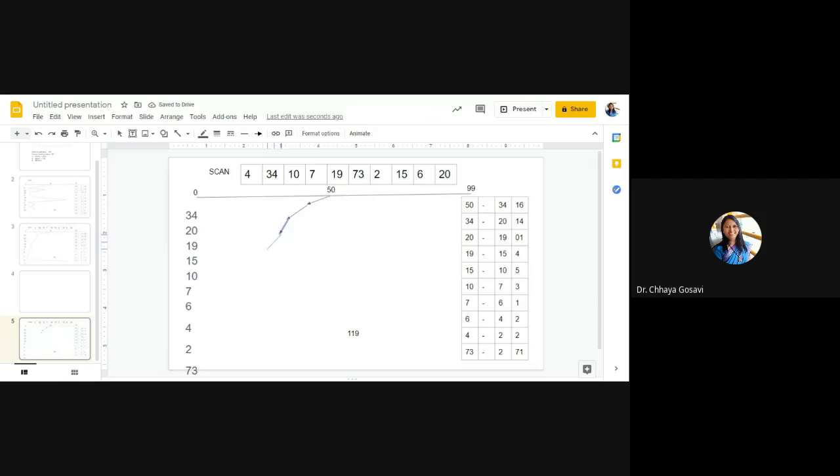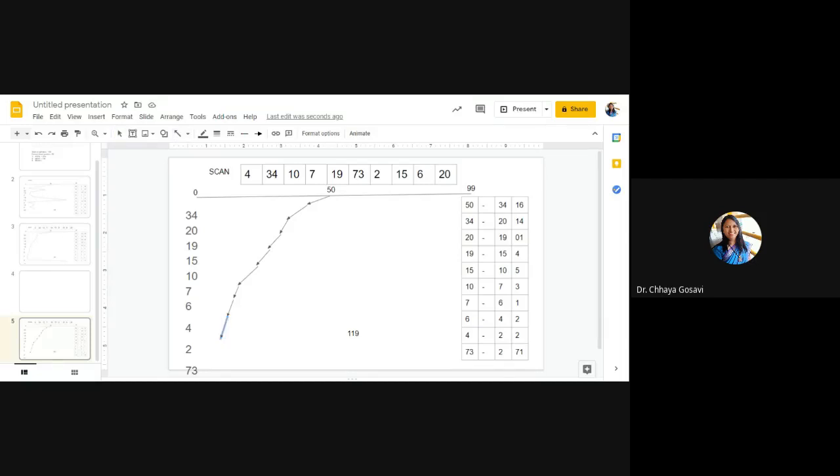The head is moving towards the left-hand side only; it's not changing direction. 15 to 10, then 10 to 7, 7 to 6, 6 to 4, 4 to 2. And from 2, it will not change direction directly.